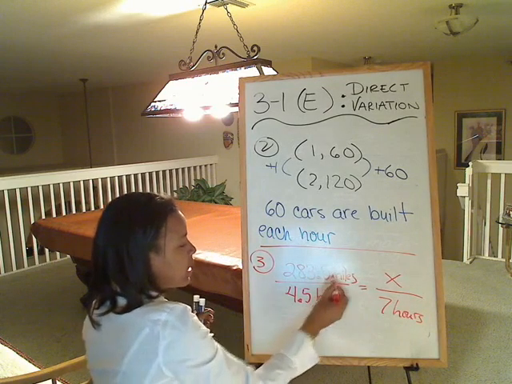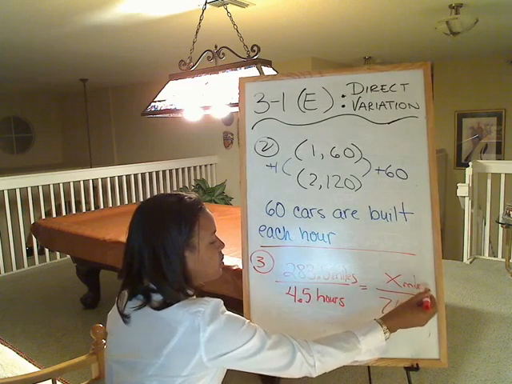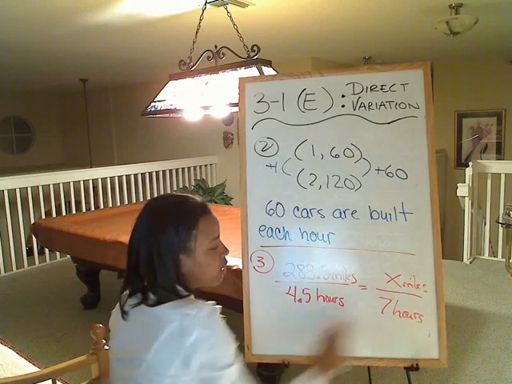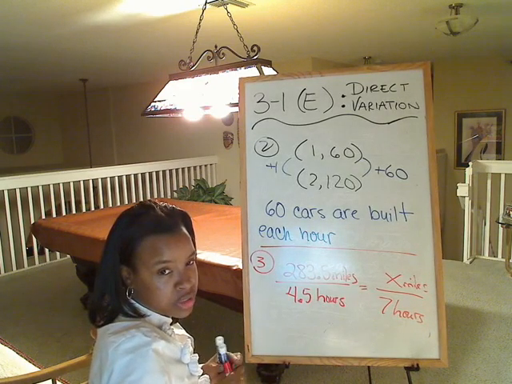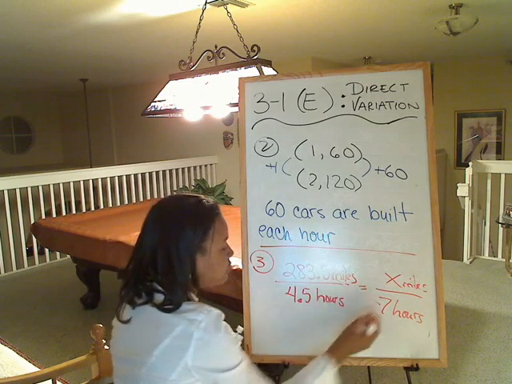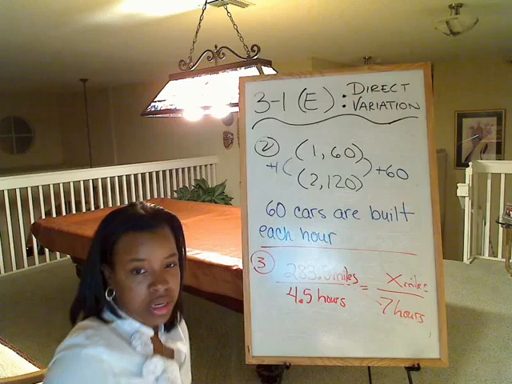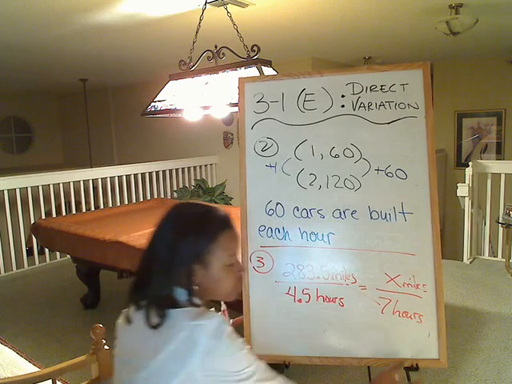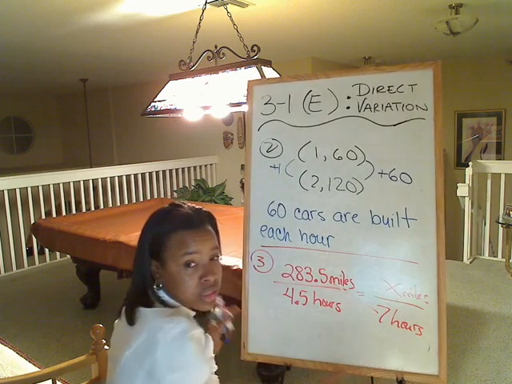Notice I lined up miles with miles and hours with hours on the bottom. They have to match or else your proportion is going to be wrong. So when you cross multiply, I know that's hard to see. There we go, that's a little better.